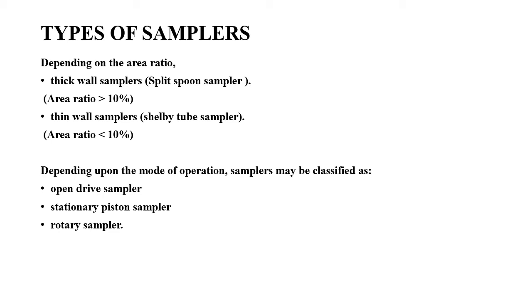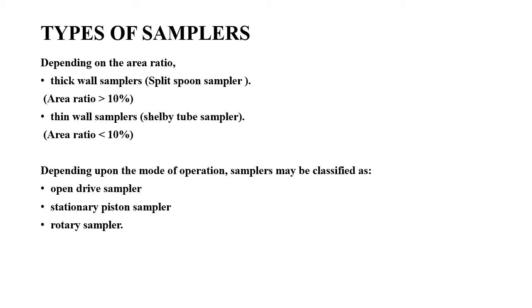And mostly for the thin-walled samplers, the area ratio ranges between 6 to 9%. One example of a thick-walled sampler is a split spoon sampler, and you have already heard about the split spoon sampler in the standard penetration test, because the penetrometer used for driving into soil was the split spoon sampler, which will help in retrieving the soil sample from that particular depth as well.